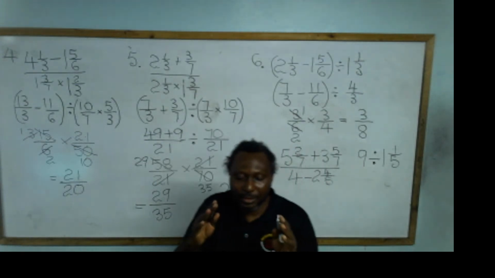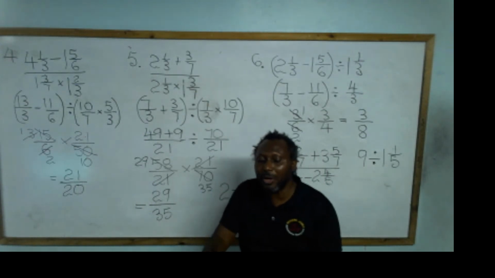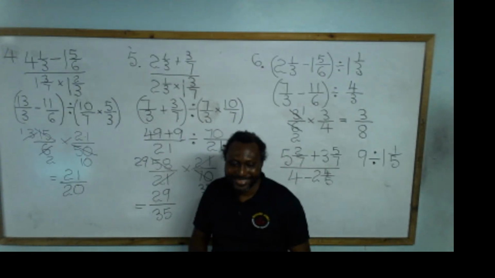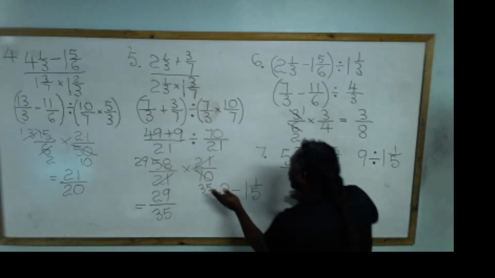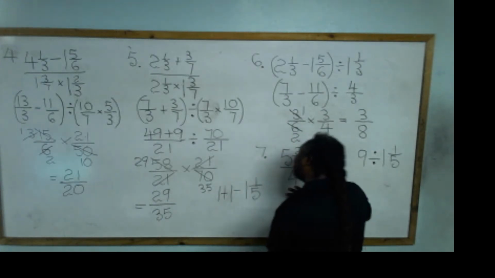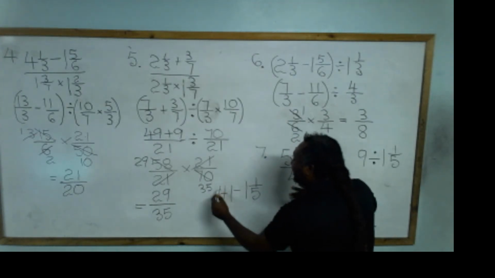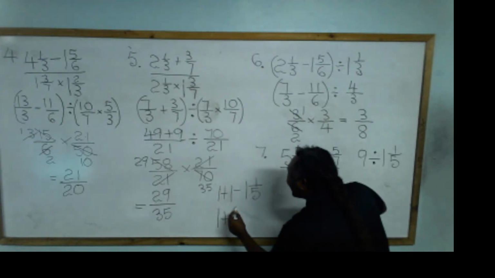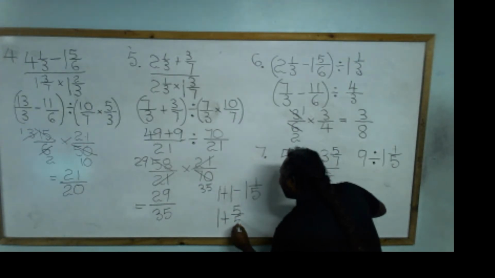Let us write 2 as 1 plus 1. Take out the 2, put 1 plus 1. Take this one, put it back down here. Take this one, write it as 5 over 5.